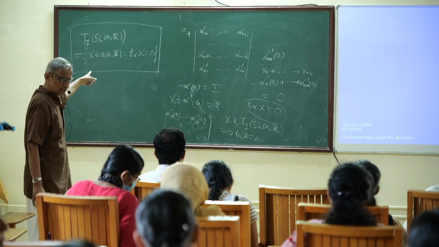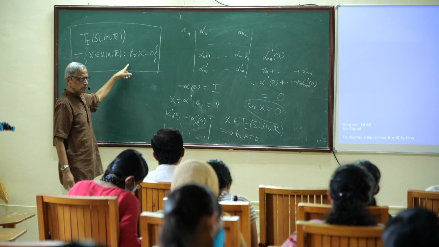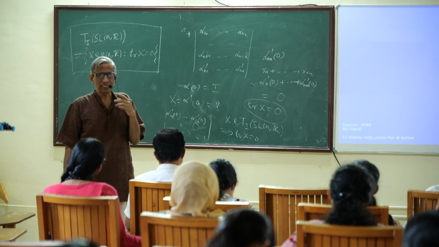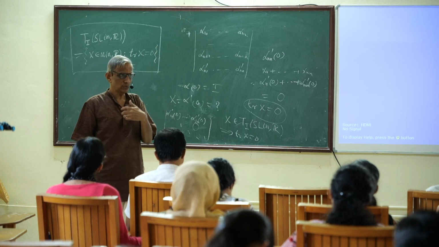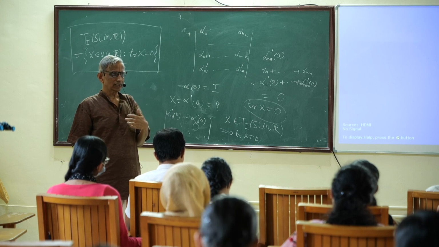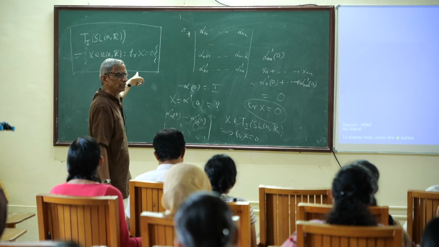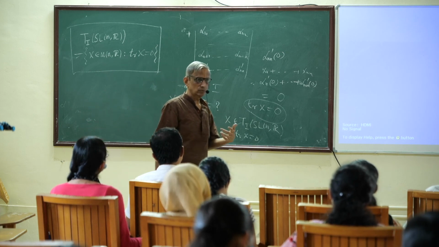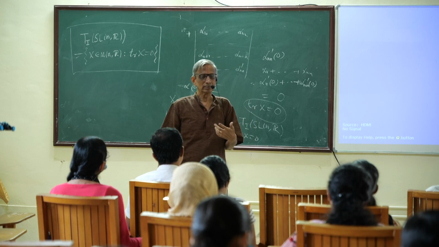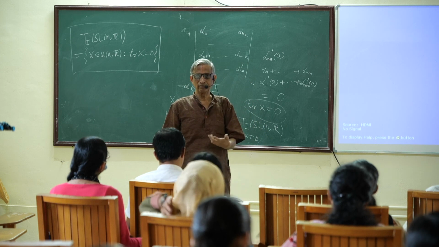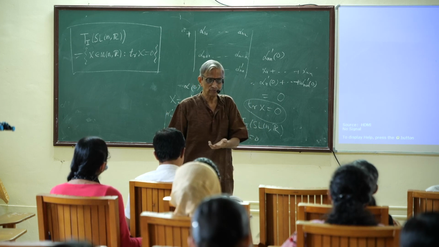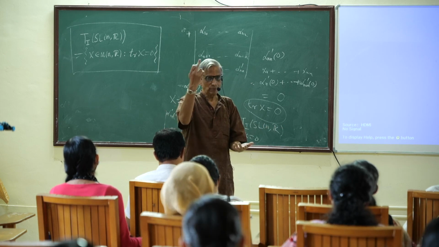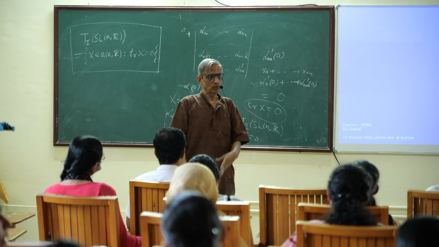You can also observe something here. What do you know about the trace function? Trace gives you a linear functional on the space of all matrices, right? And the null space or the kernel of a linear functional, what do you know about that? If it's not the zero functional, then the null space is going to be a hyper subspace, one dimension less than the whole space.